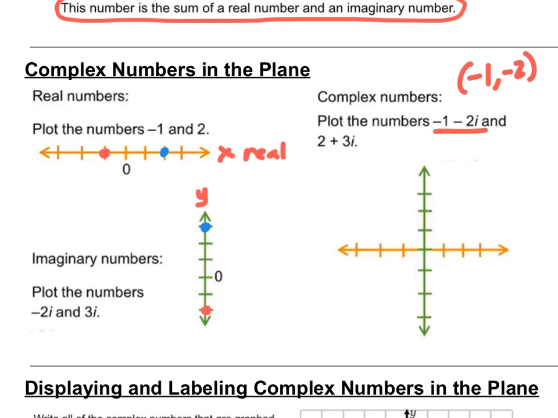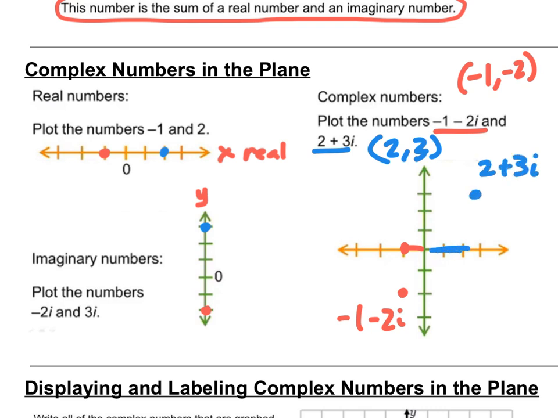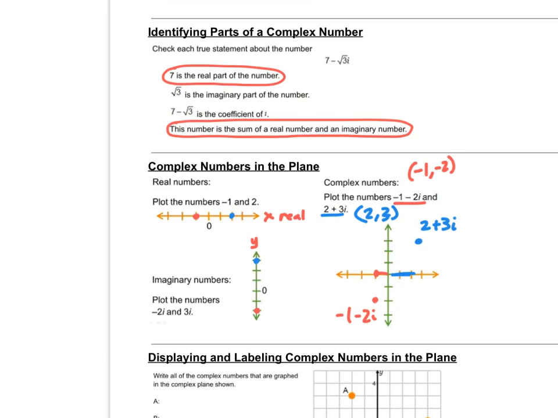So I go over negative 1 here, and then I go down 2, and this is the number negative 1 minus 2i. Now if I were to have the number 2 plus 3i, that's like having the point 2, 3. Then I would go over 2 and then up 3, and this number would be 2 plus 3i. And that's the idea.